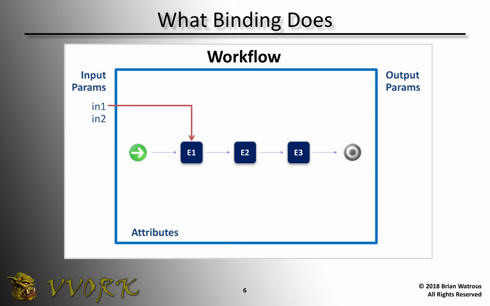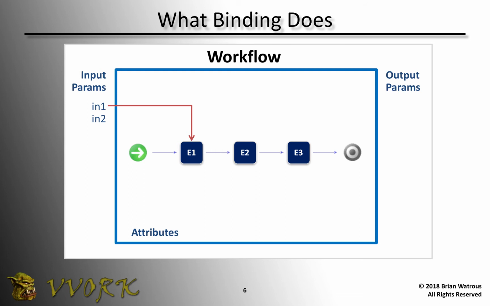Now in this particular case, I know those both have the number 1 in them, in1 and e1, but there's nothing that says that the input parameter in1 has to be bound to e1. In fact, in1 could be bound to any or all of these schema elements. But for our purposes here, we're illustrating with this red arrow an inward binding from the input parameter called in1 to the schema element called e1.